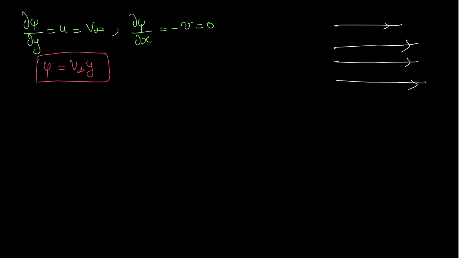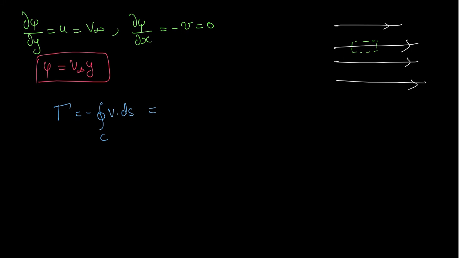Now we all know that circulation is the negative of the closed line integral of v dot ds, where v is my velocity vector and ds is my length vector along the curve. The closed curve that I will be assuming for this field is something like this. This is my closed curve C.